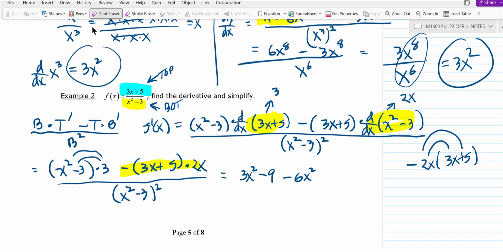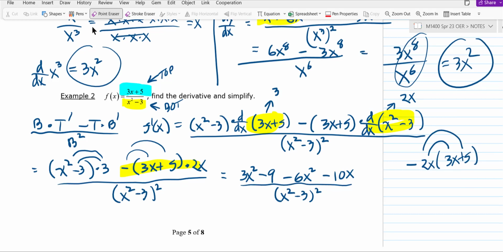Then you have negative 2x times 5 is minus 10x. And it's okay, you don't have to write that, you just process it in your head. All that minus is doing is it's going through that parenthesis. Then in the bottom we've got x squared minus 3 to the second power like that. Okay, are we following what I'm doing okay? You do what the quotient rule tells you to do. It tells you how to do the problem. Now, what do you see I can do in the numerator, if anything?